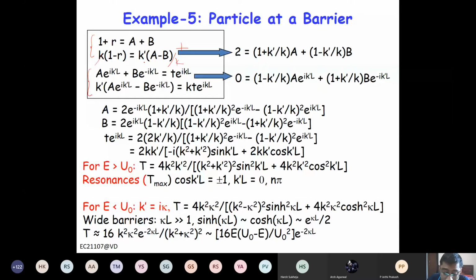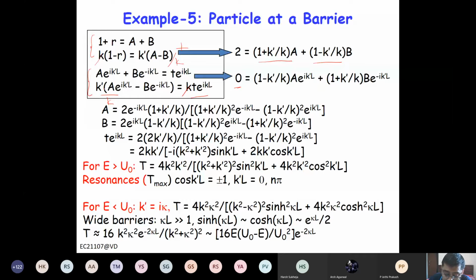Then in the second set of equations, you have T times e to the power iota KL, and K times T times e to the power iota KL. You divide this by K, and then you subtract, so this becomes 0. And for convenience, we are flipping the sides.